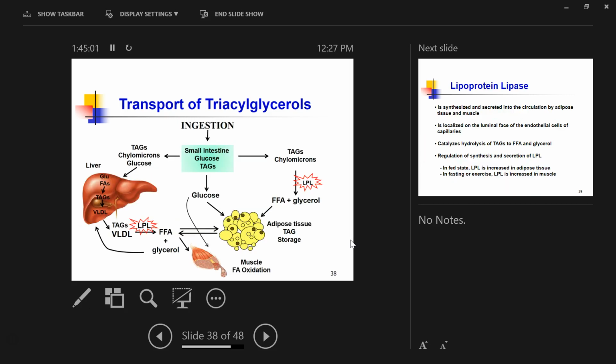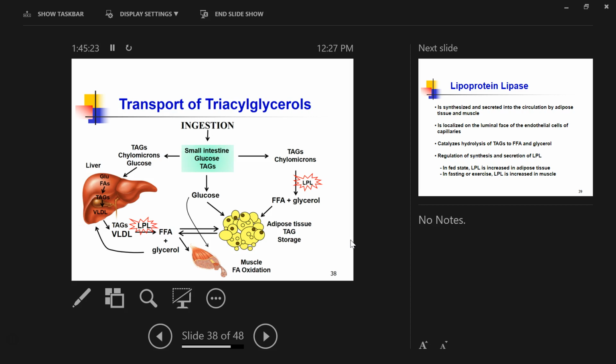And just go back to this slide. Again, when we eat and digest the lipids, we absorb the fatty acids and resynthesize triglyceride in the enterocyte of the small intestine, if you still remember.